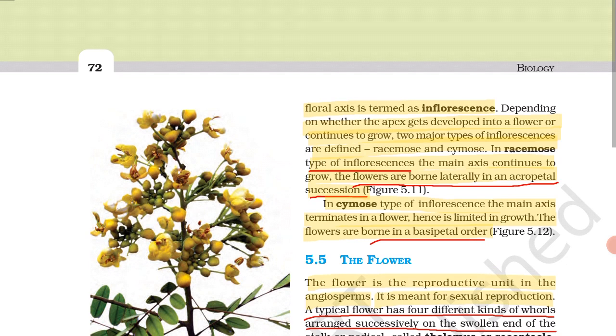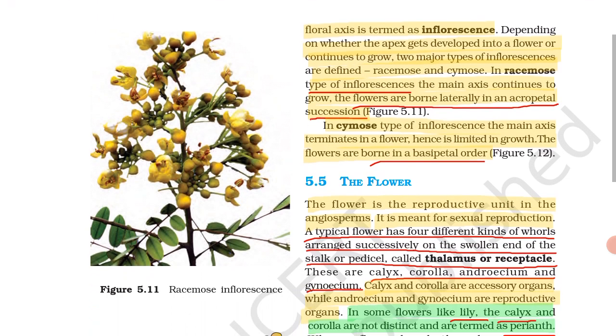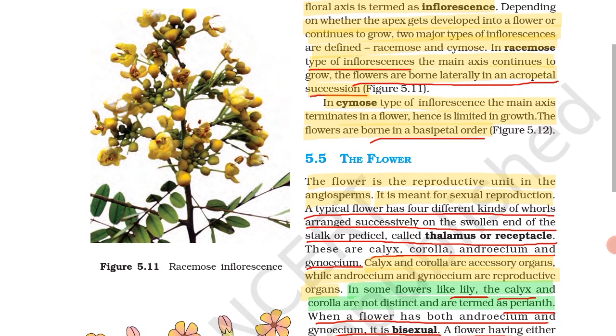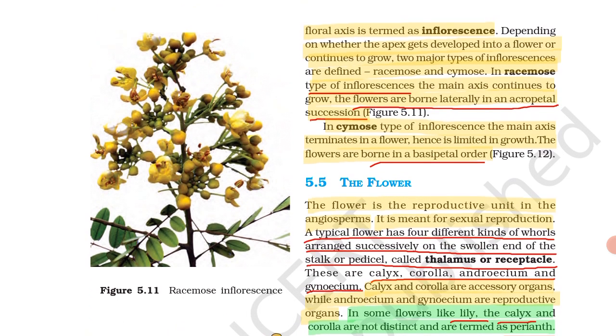In racemose type of inflorescence, the main axis continues to grow, and the flowers are borne laterally in acropetal succession. See figure 5.11, where racemose inflorescence is shown. See how the flowers arise in acropetal succession.